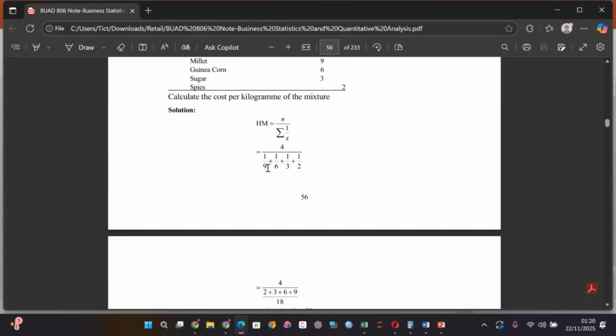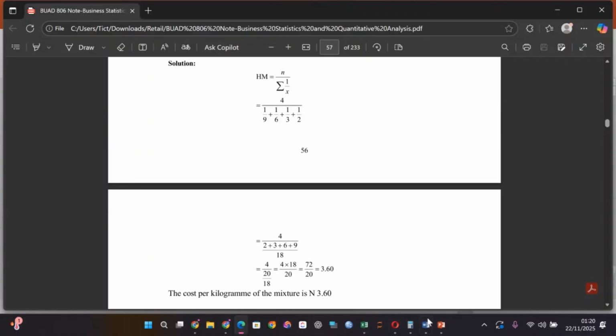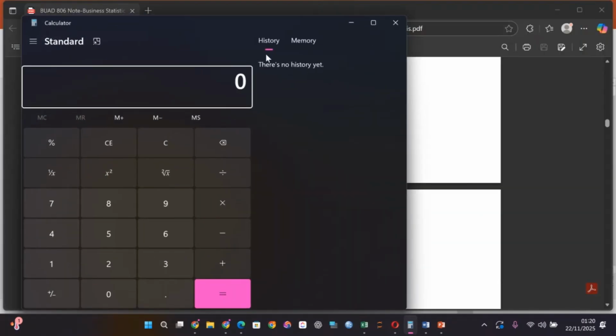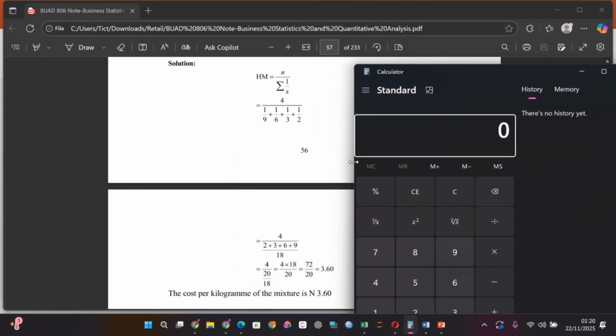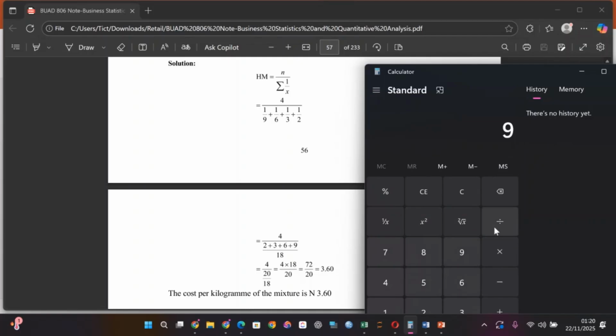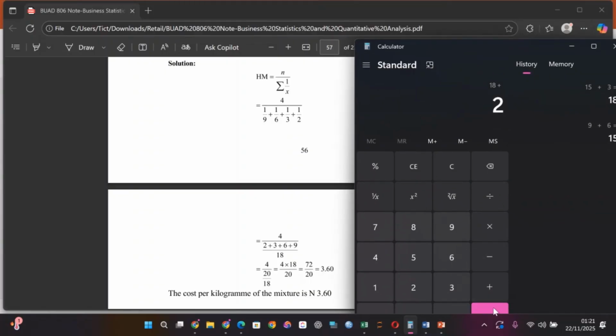If you add 9 plus 6 plus 3 plus 2, what do we have? It should give us 20, right? 9 and 6 is 15, plus 3 and 2, that's 20.